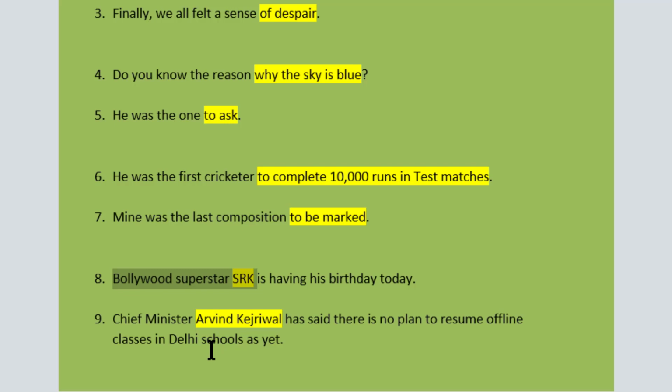Chief Minister Arvind Kejriwal has said there is no plan to resume offline classes in Delhi schools. Once again, here we have an appositive. This one is essential again. Once again, this appositive is renaming the previous noun, chief minister. So this one is a noun phrase.